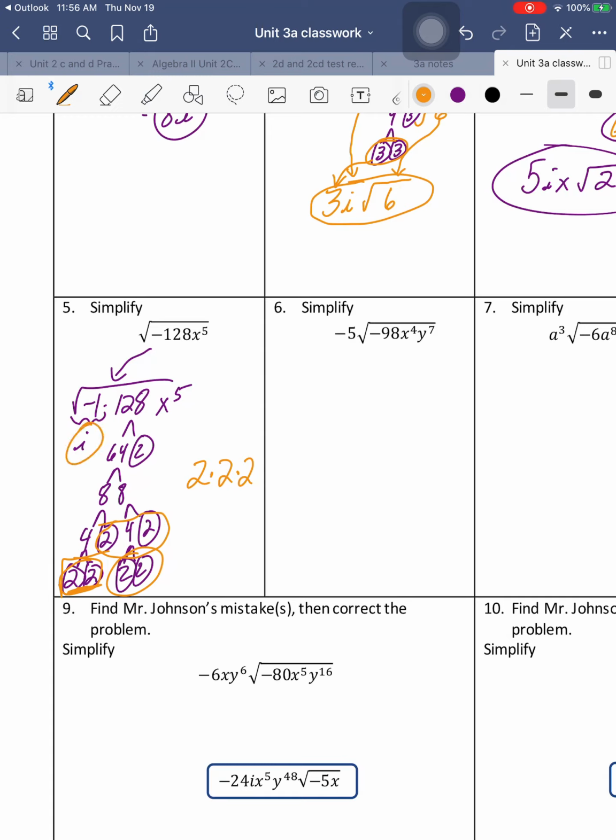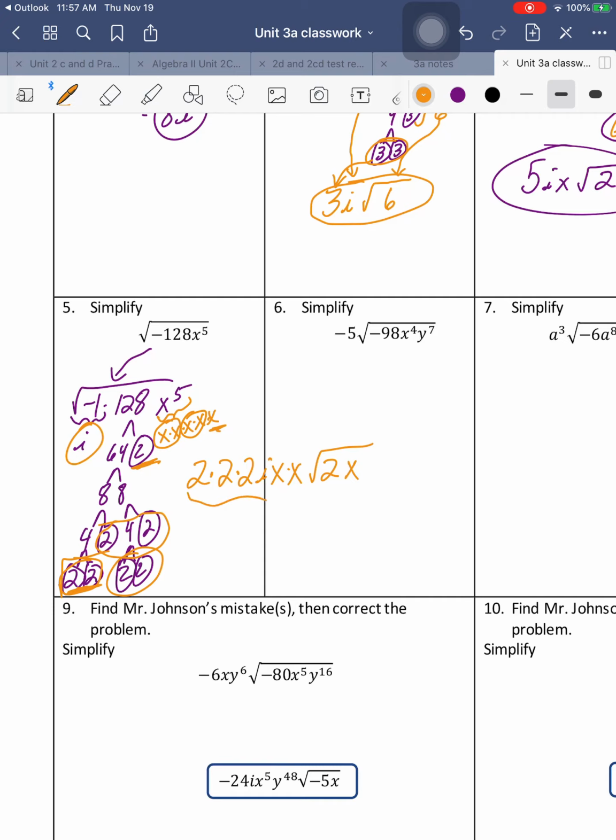Let's not forget about this i here. Forgot about this x to the 5th. 1, 2, 3, 4, 5 x's. That's x to the 5th. Extrapolate out and multiply. 2 pairs, so x times x. And what's left inside? We have a 2 left inside that's not part of the pair, and an x.